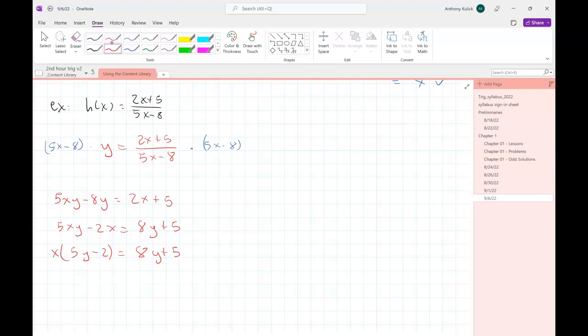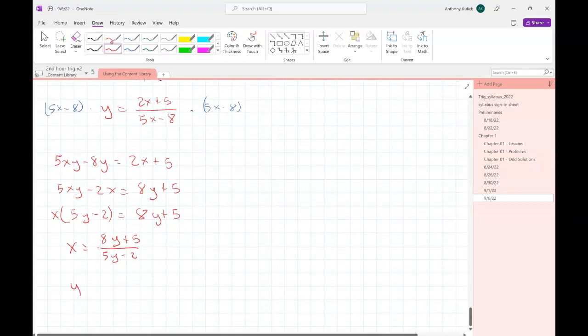You guys see that? And then, what would I want to divide by? 5y minus 2. Oh, Mr. Kulik, that was so sneaky.